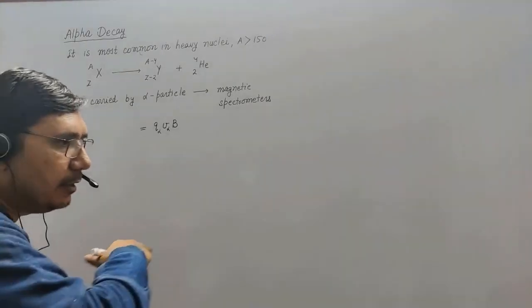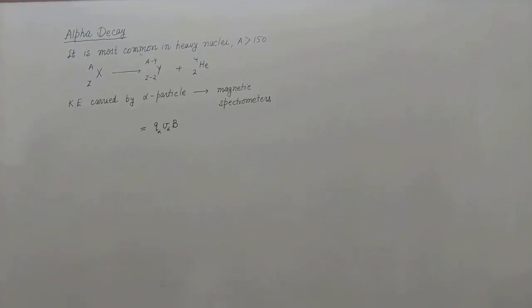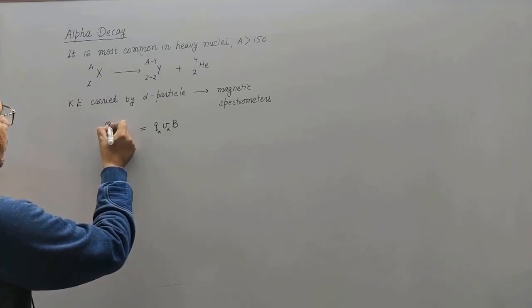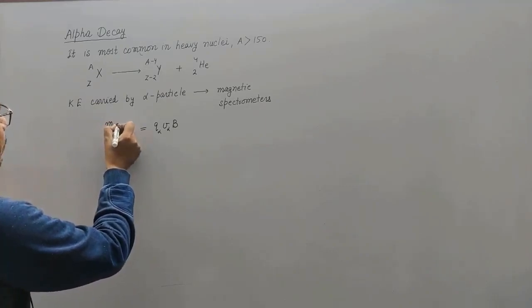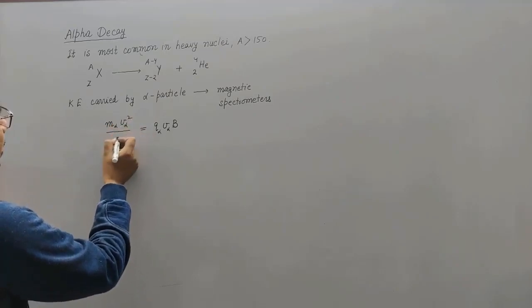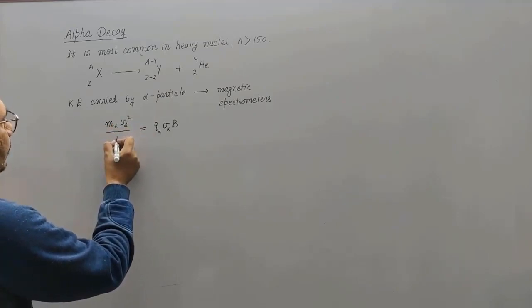When it moves in a circle, it experiences a centripetal force. And what is the formula for centripetal force? This is m alpha v alpha squared, m v squared upon r.